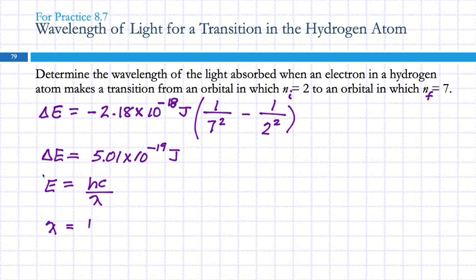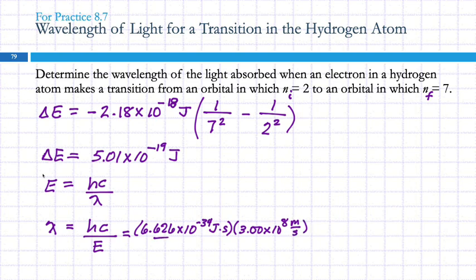So we end up with lambda equals hc over the energy. 6.626 times 10 to the minus 34 joule seconds times 3.00 times 10 to the 8th meters per second divided by 5.01 times 10 to the minus 19 joules. 6.626 EE negative 34 times 3 EE 8 divided by 5.01 times 10 to the minus 19.